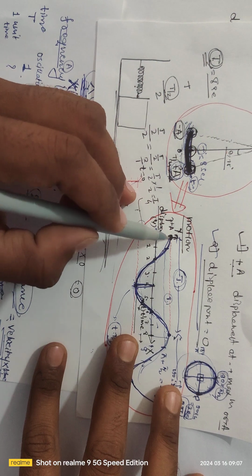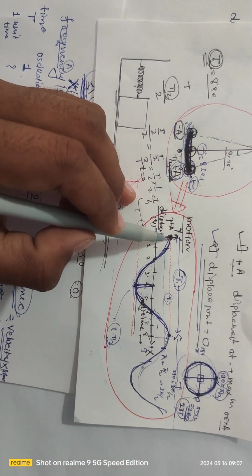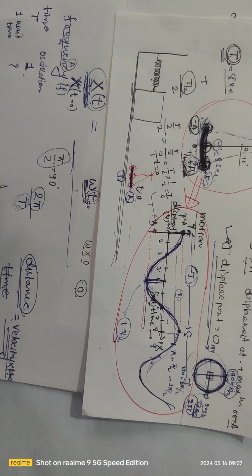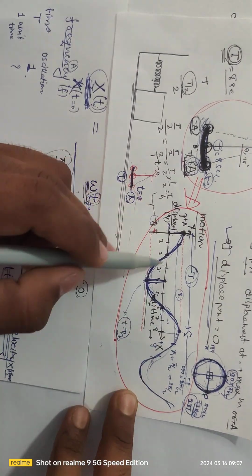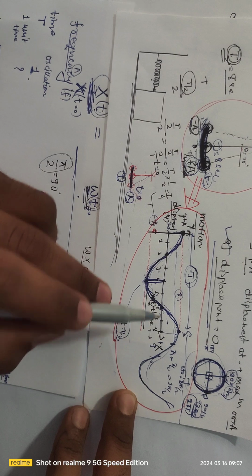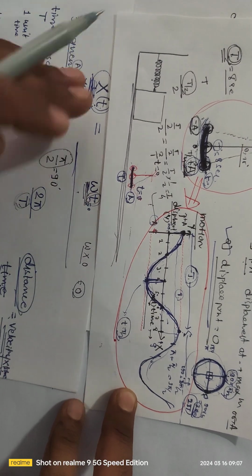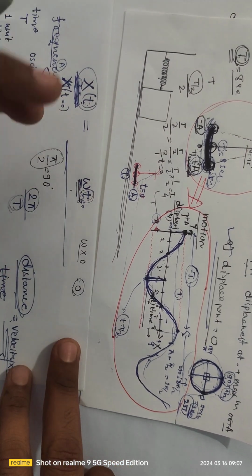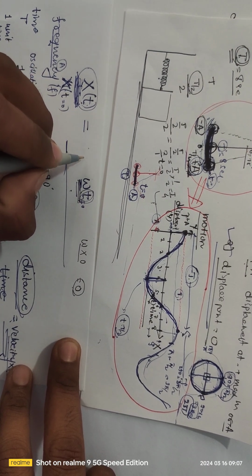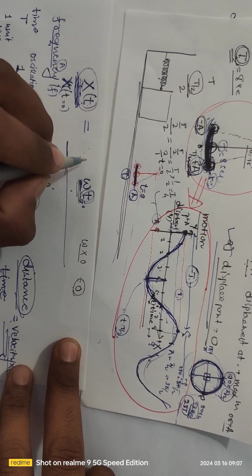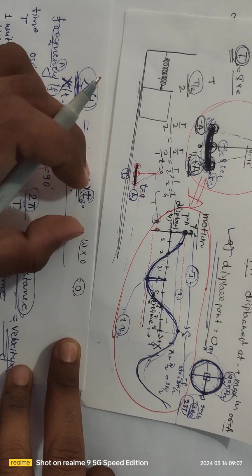It will become like pi by 2, and the graphical representation is a sinusoidal wave. So here I have to write either sine or cosine of omega t.